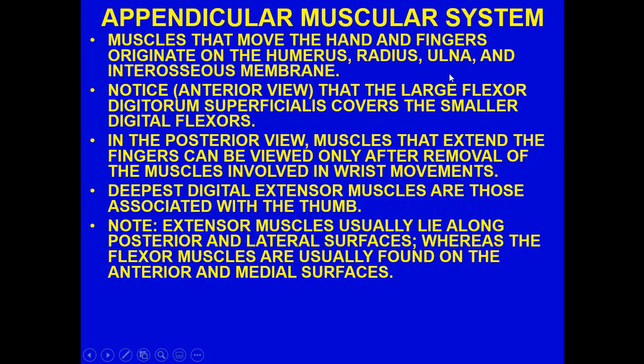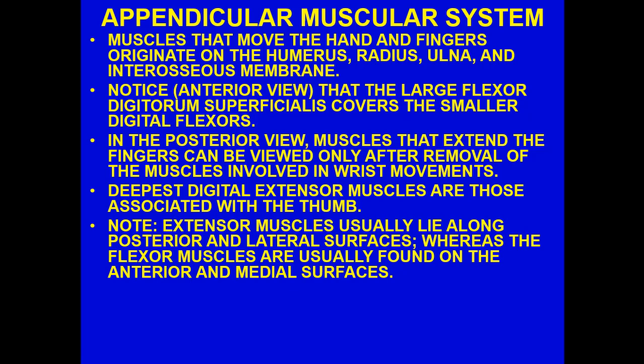Now, muscles that move the hand and fingers originate at the humerus, the radius, the ulna, and the interosseous membrane. You want to note that the large flexor digitorum superficialis covers the smaller digital flexors. In the posterior view, muscles that extend the fingers can be viewed only after removal of the muscles involved in the wrist movements.